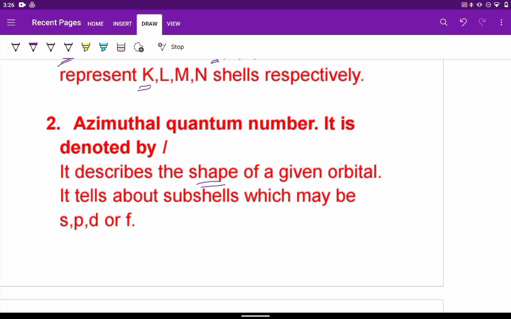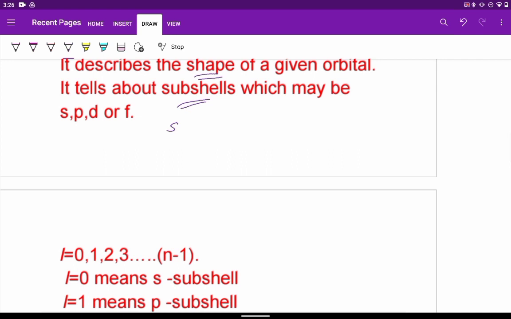It tells about the subshells, which means there can be four types of subshells: s, p, d or f. Now the energies of the various subshells in the same shell will be in the order of s less than p, p less than d, and d energy level is less than that of the f subshell.